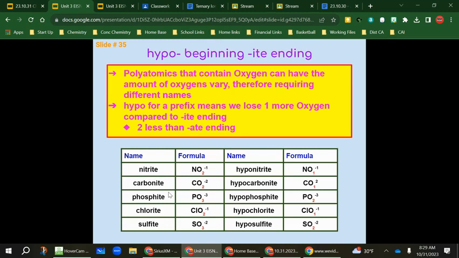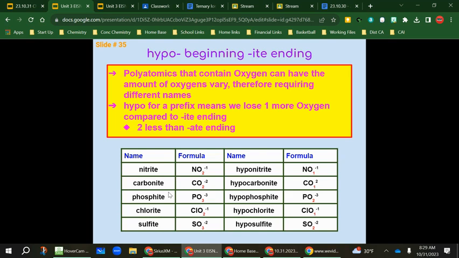Lost 1. So nitrate is NO3. Nitrite is NO2. Hyponitrite is NO. Carbonate is CO3. Carbonite is CO2. Hypocarbonite is CO. Phosphate is PO4. Phosphite is PO3.